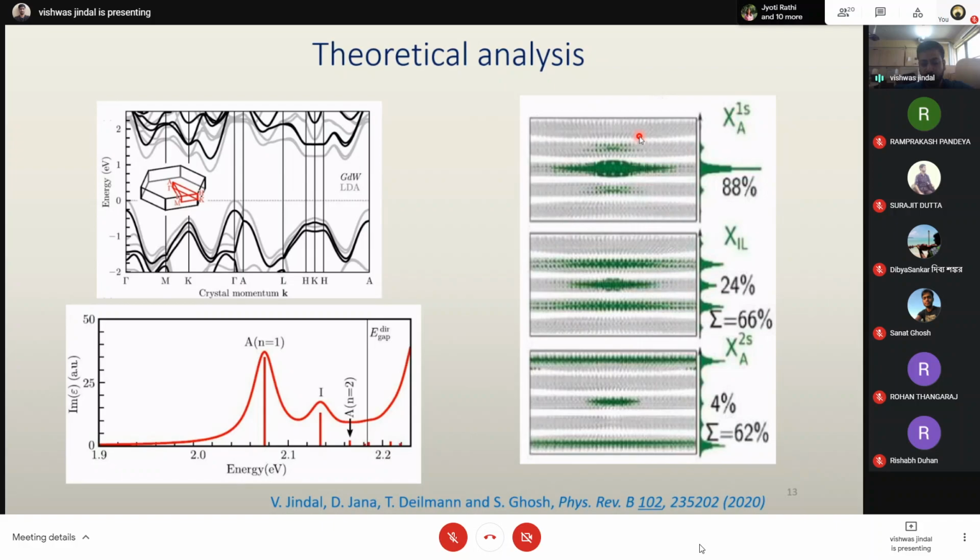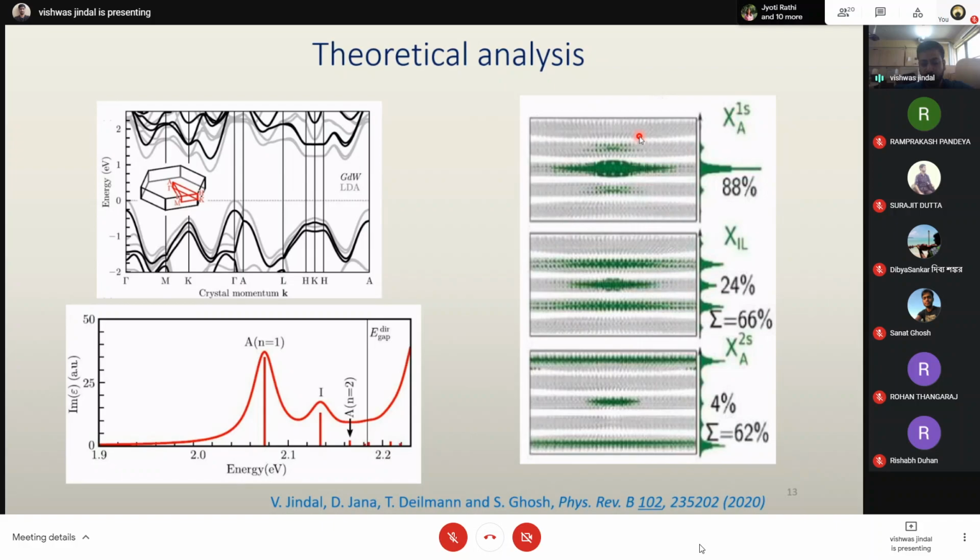It's not exactly 3D, and it's also not 2D. And now for this next feature, you find that the wave function is mostly in the adjacent layer. So that's why we concluded that the A star that we were seeing there is actually an interlayer exciton.